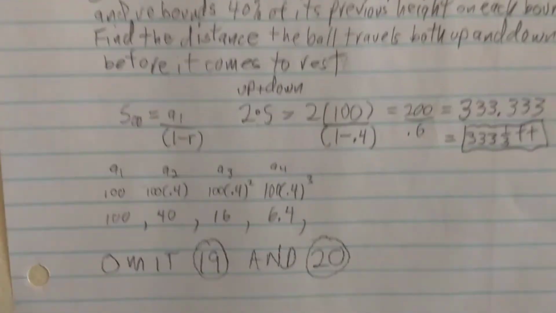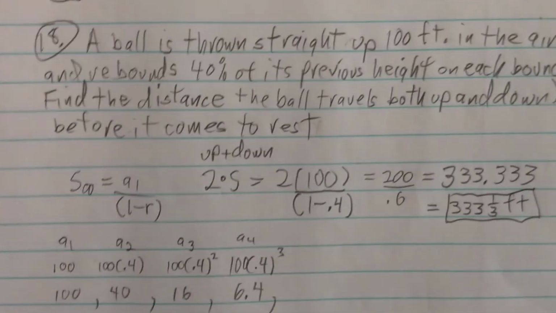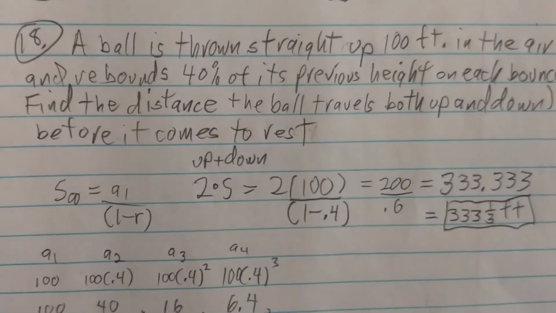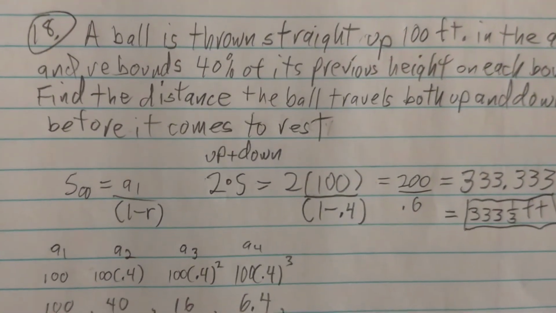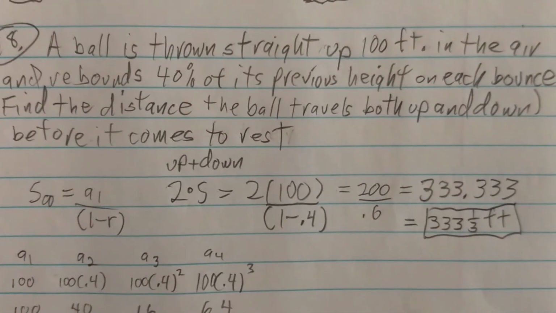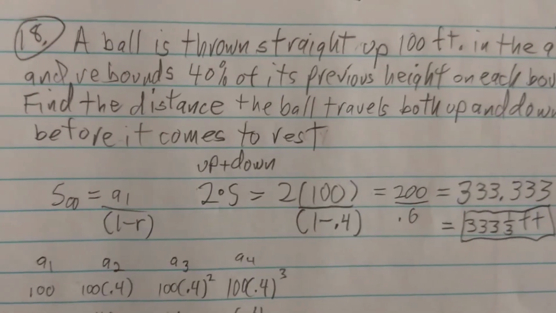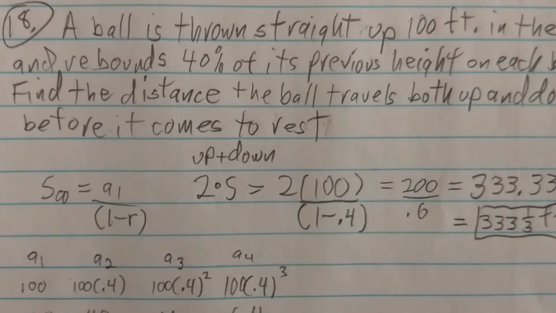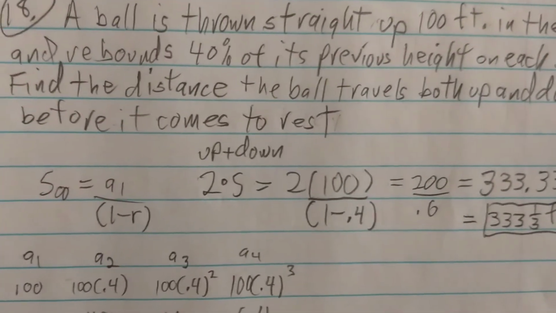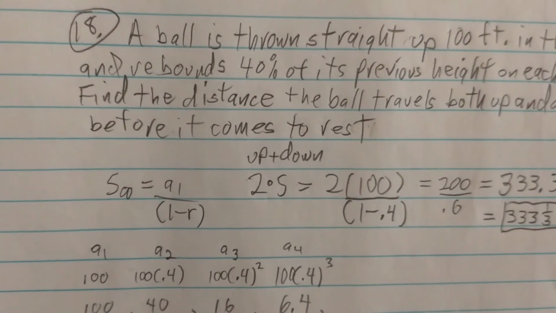Now for the last one that we're going to do, problem 18. A ball is thrown straight up 100 feet in the air and rebounds 40% of its previous height on each bounce. Find the distance the ball travels both up and down before it comes to rest.